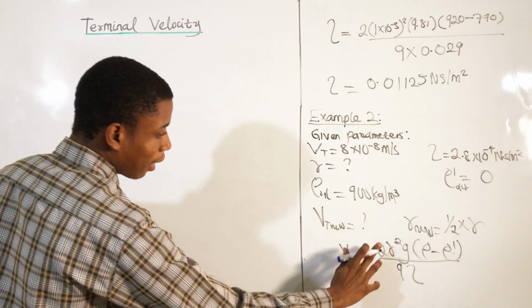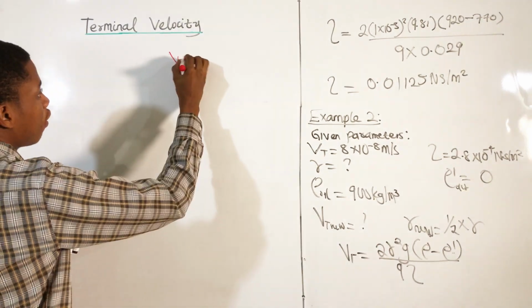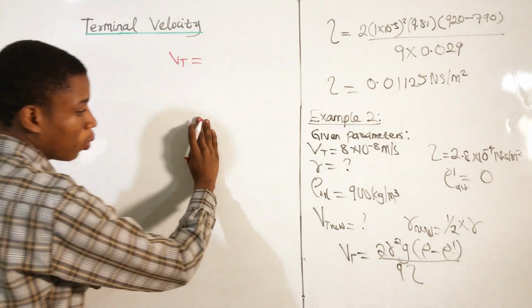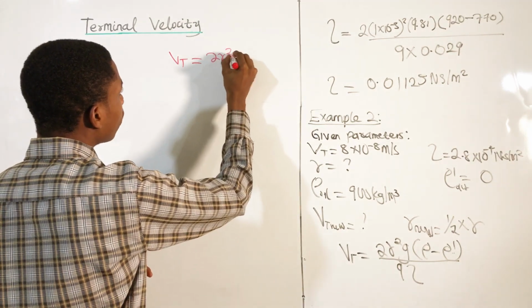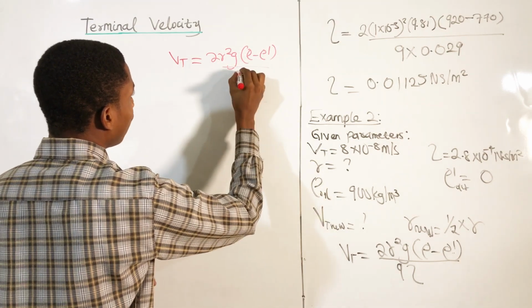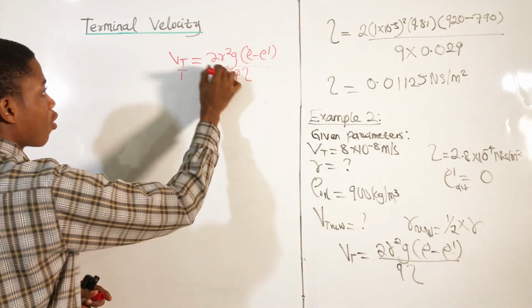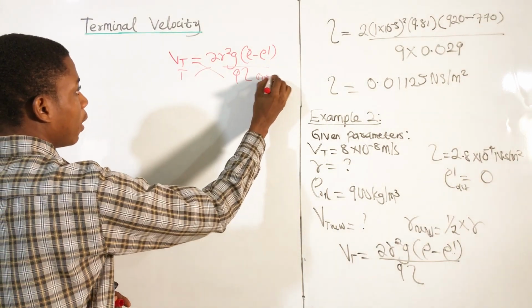We're going to make r the subject of the formula. Of course, you have an equation: Vt is equal to 2 r square g rho over 9 viscosity. Put one here, cross multiply.